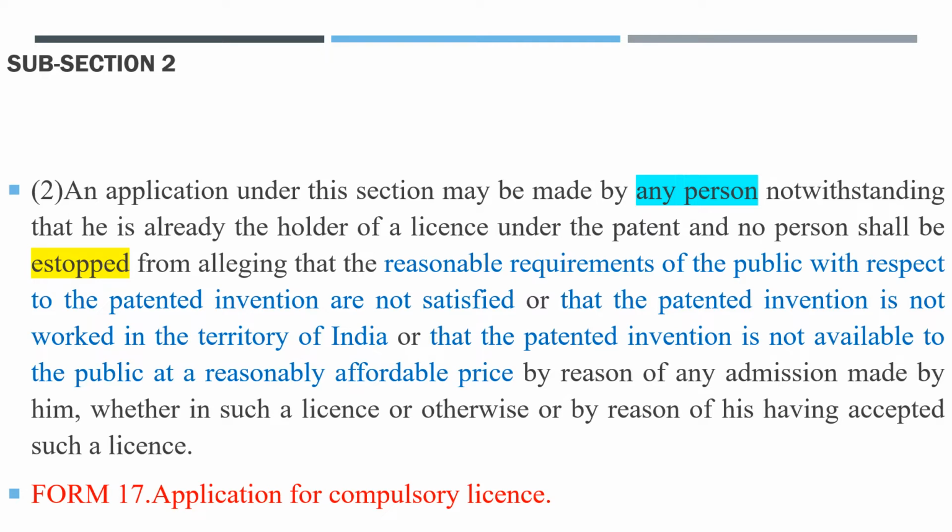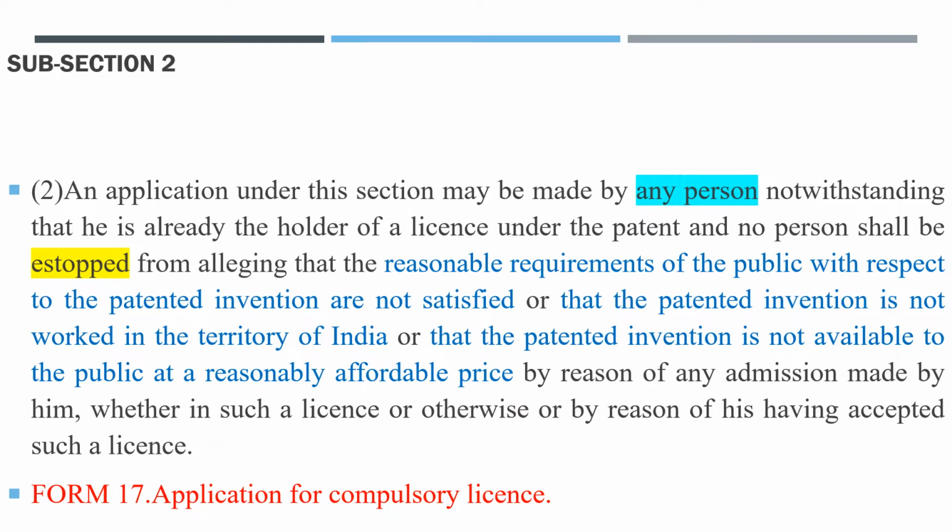Now I will analyze the whole subsection. Just listen carefully. Okay, a licensee under the patent can be any person who can apply to the controller for a compulsory license.